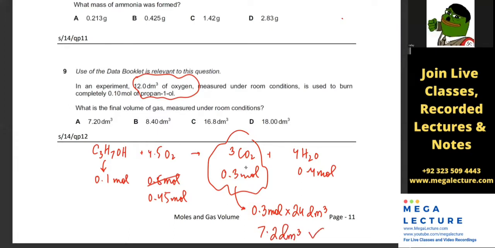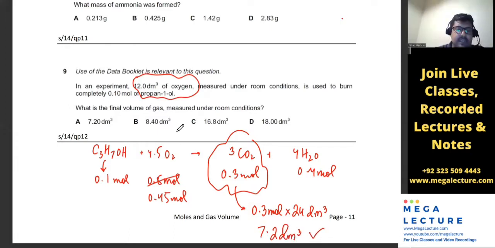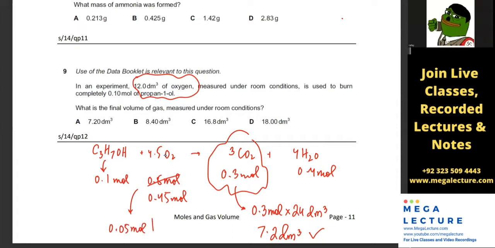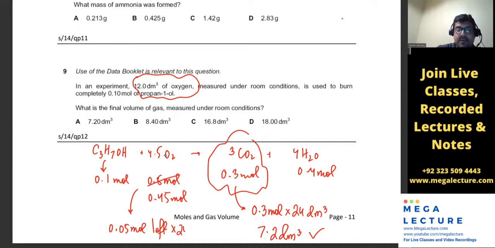Yes. Okay, and now he didn't ask which gas. What's the total volume of gas? So that's the product, and there's some leftover oxygen as well. How much oxygen is left over? That's 0.05 moles, right? Yes. If you try to figure out the volume, that's going to be 0.05 multiplied by 24 dm³. What do you get for that? That's 1.2 dm³.